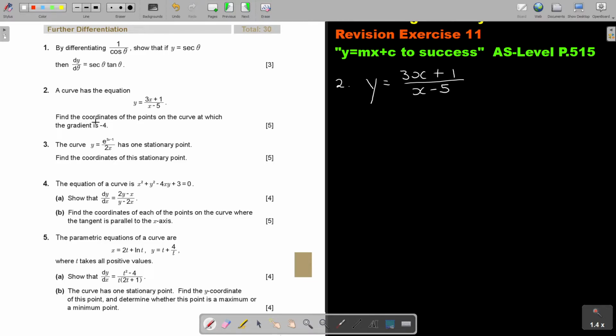Find the coordinates of the point on the curve at which the gradient is -4. Gradient, always differentiation. So I'm going to first differentiate. Now, what am I going to do? I'm going to rewrite the denominator, differentiate the numerator.